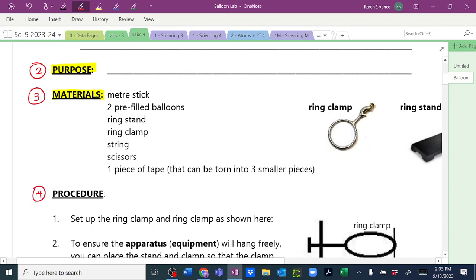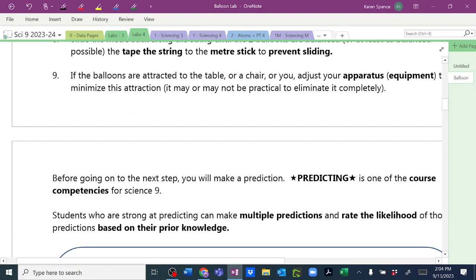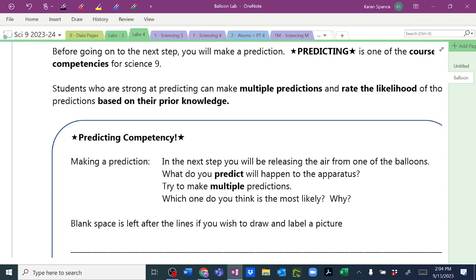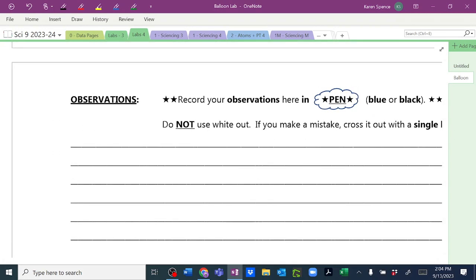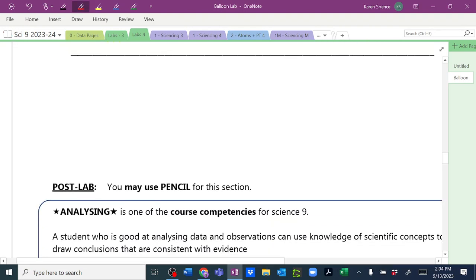Your procedure would come next. And let's look through here. See if you can find the next thing in the lab that is bold and capital and underlined. Nothing's bold and capital and underlined here, but on our next page, we have the observations. And then finally, we have the post lab. So those are the different parts of the lab.